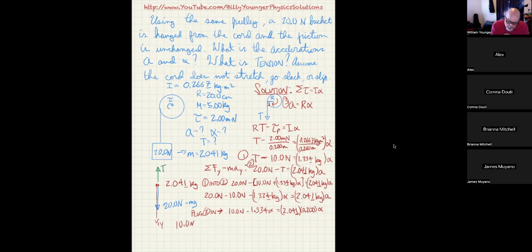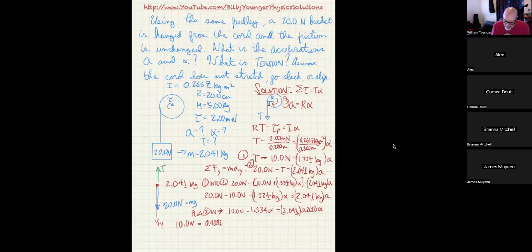is equal to, I'm going to pull all the alphas on the other side. That's going to be 2.041 times 0.2. That's 0.2041 times 2. So that'd be 0.4082.